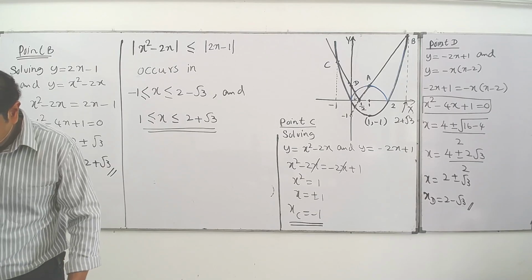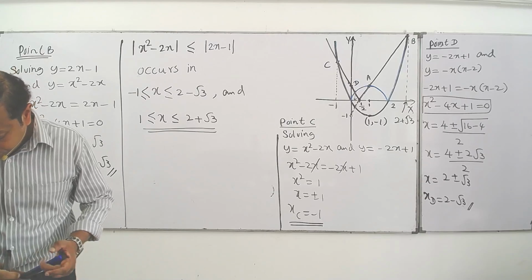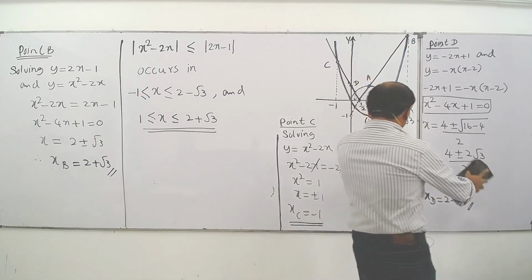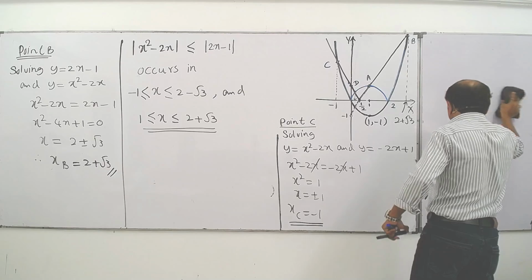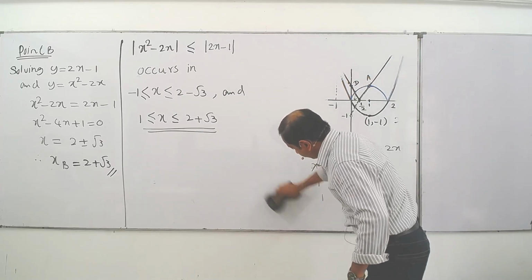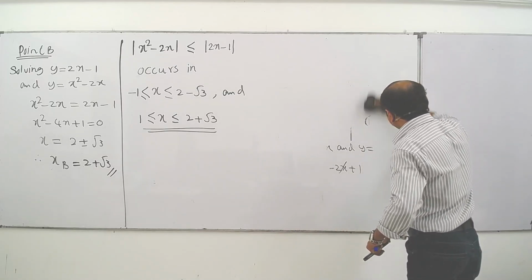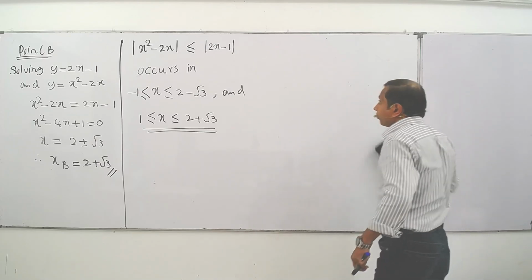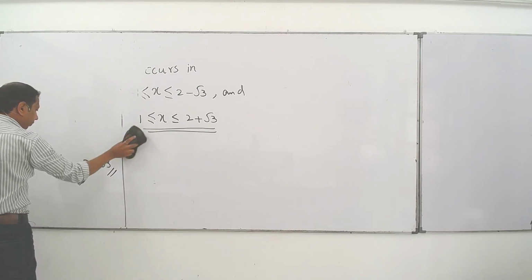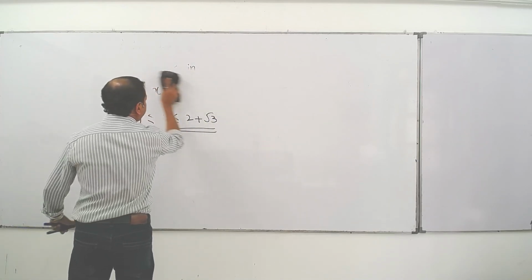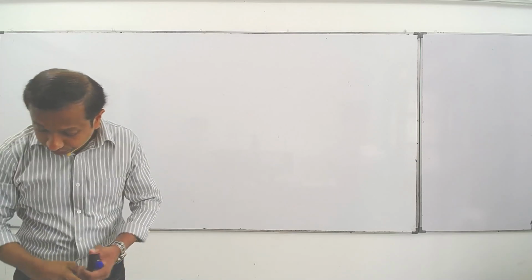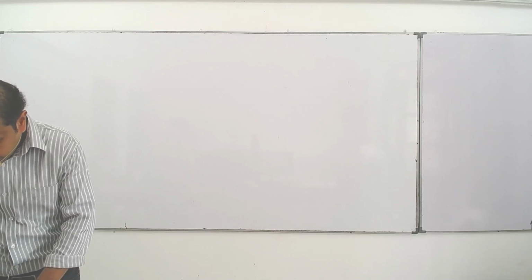Okay, the next part, number 3. Find the general solution of the equation tan 3 theta equals 1.